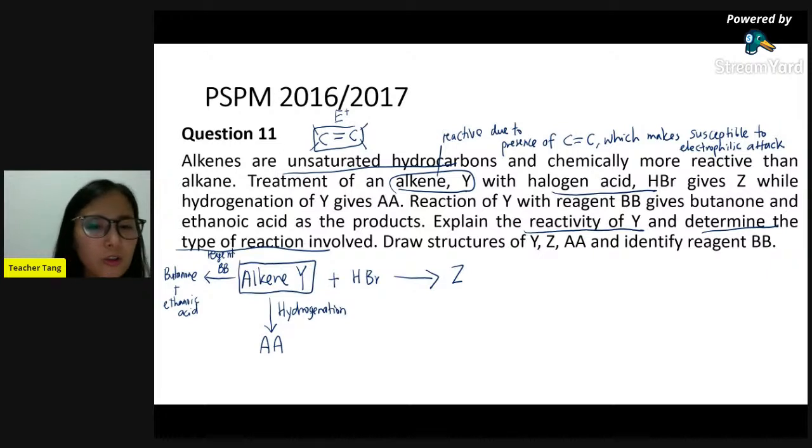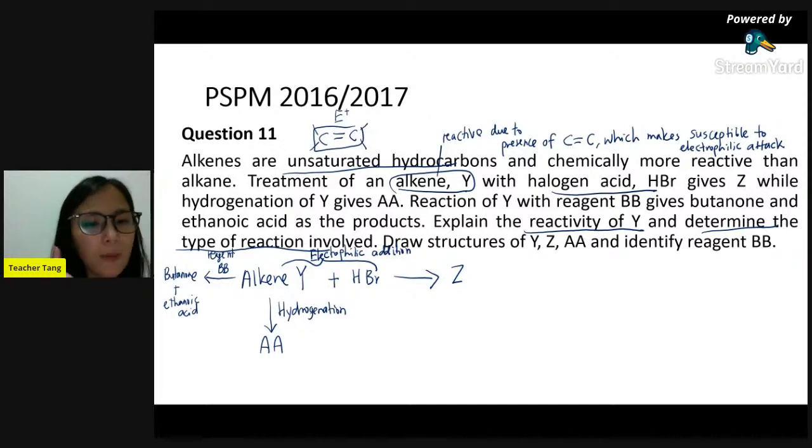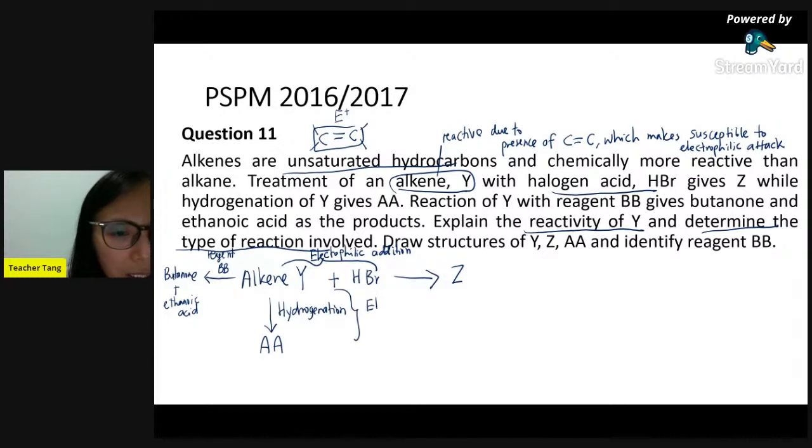So if it reacts with HBr, it must be electrophilic addition, where the carbon-carbon double bond will become a single bond. Hydrogenation is also electrophilic addition. Carbon-carbon double bond becomes single bond. And how about this one?